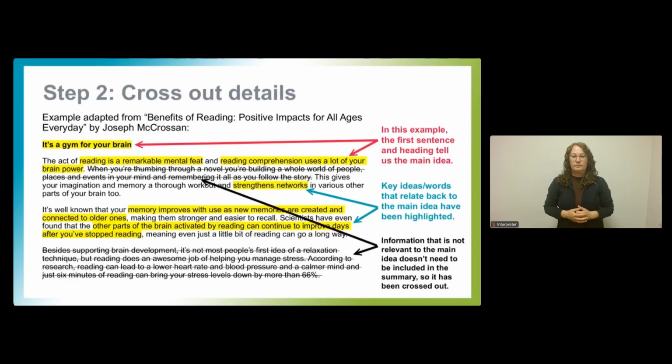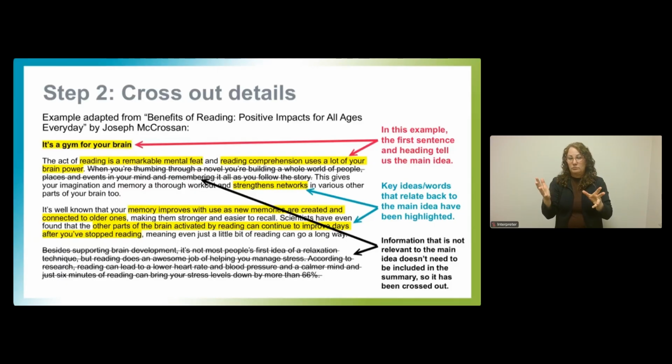So the second part of step 2 is crossing out the details that I don't want to include in my summary. So with black arrows and the black wording on the right at the bottom of this slide, you can see that I am pointing to sections of this text that I have decided to cross out, right?